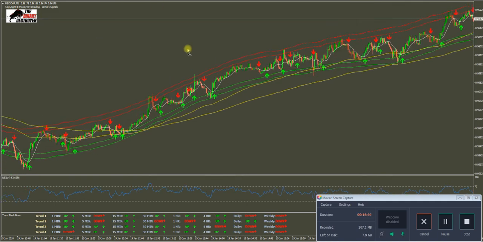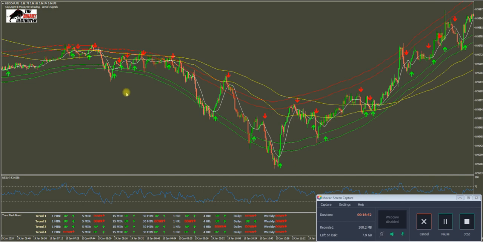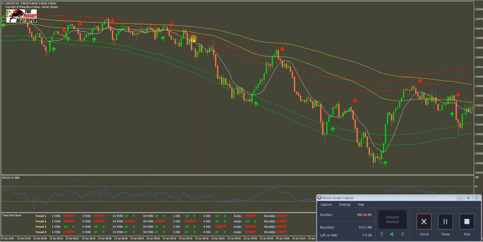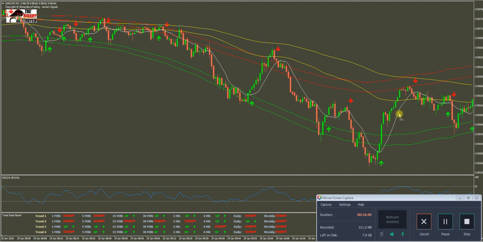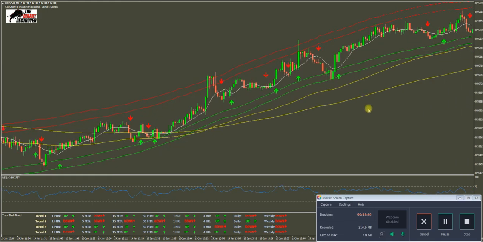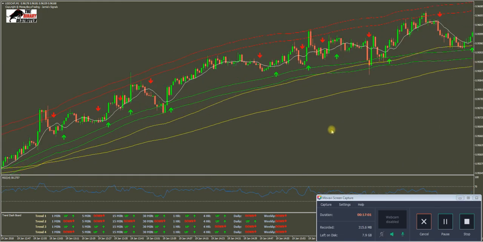When we are below it, like this, look at the beautiful signal there, we are in a downtrend. So remember that. If the moving averages are above the price, it's a downtrend. If the moving averages are below the price, it's an uptrend.